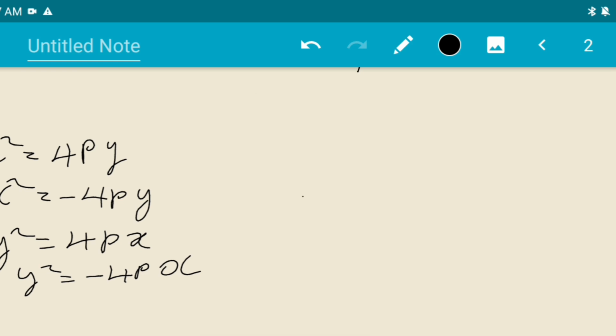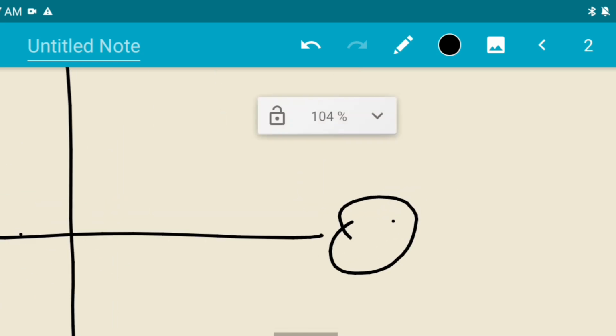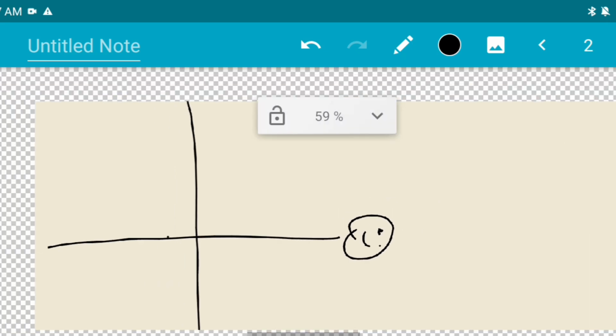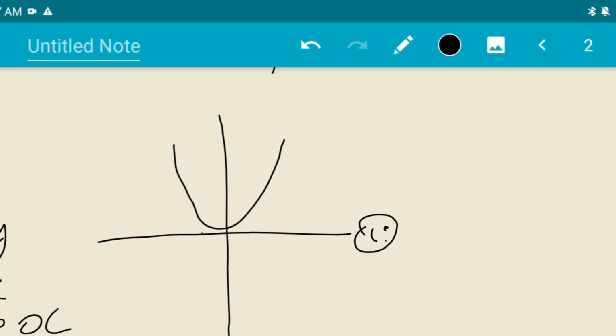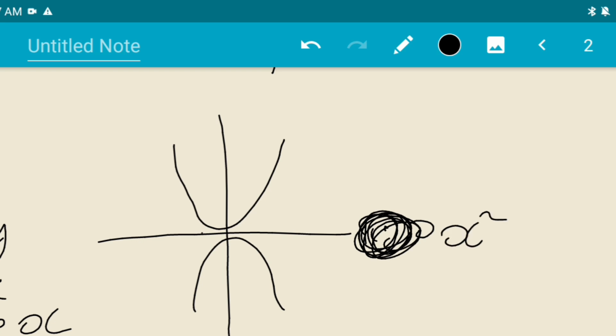Okay, so the best way, I know it's a weird one, but the best way personally I've memorized these equations is thinking of it as a person. If this is a person, with little smile and eyes right there, his hands would be like so. So if this is the head, which is in the x, so that would be x squared, then the parabola would either open like so or like so.